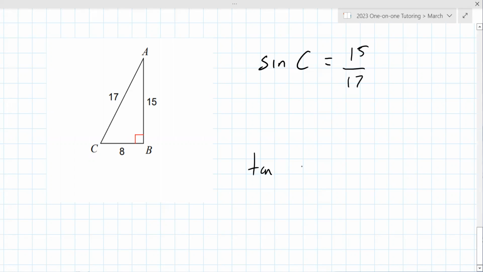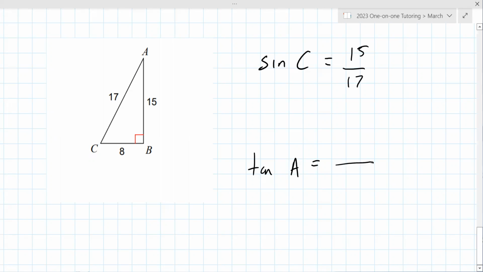How about the tangent of A, please? The tangent of A. Tangent of A, what I told you is that is going to be 15/8.